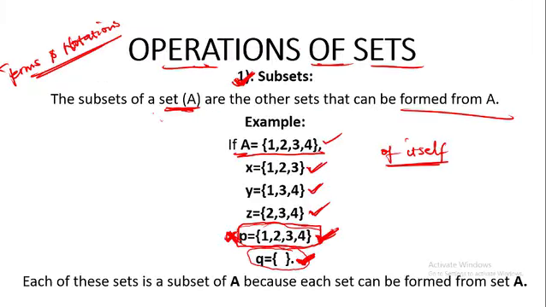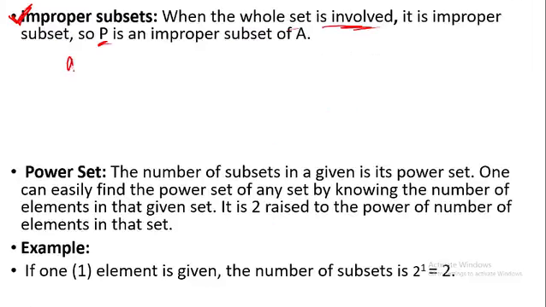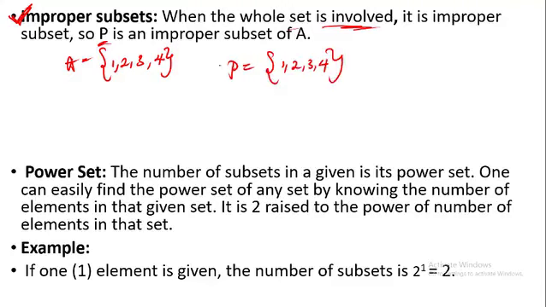In this example, we are given A to be the set of 1, 2, 3, 4, and also we gave P to be a subset, and we said that P is equal to 1, 2, 3, 4, which I explained earlier, that every set is a subset of itself.